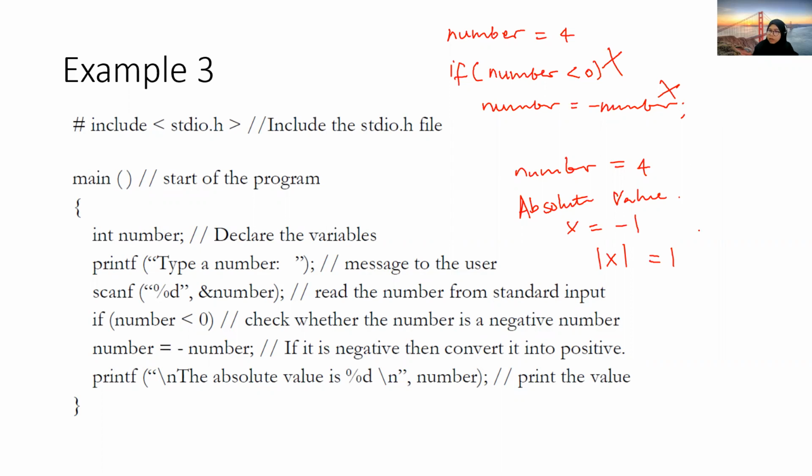And if x is +1, the absolute value of x is also 1. So this is what the program does: finding the absolute value of an integer. All right. Is it clear? Jelas ke?